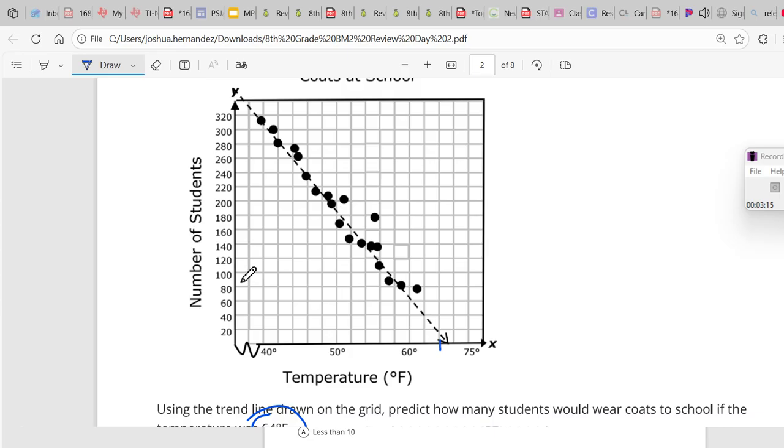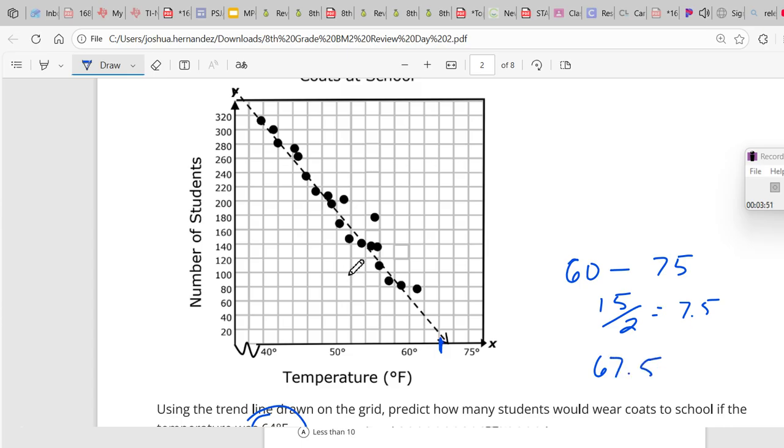I cannot figure out how I count it. Okay, between 60 and 75, how much is that? 15. So half of 15 is what? 7.5. So this is 67.5.